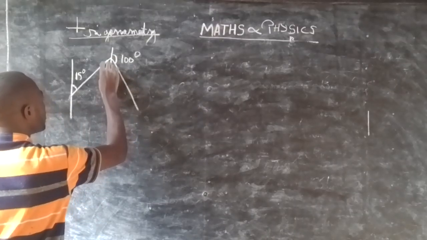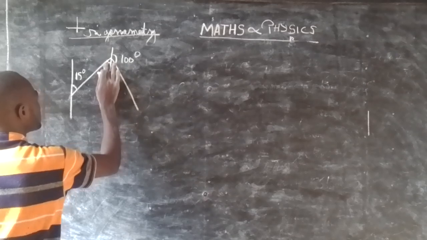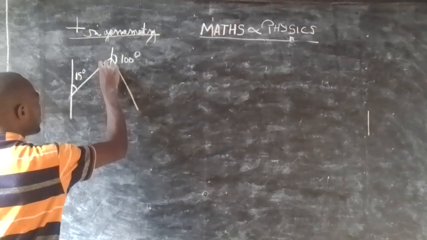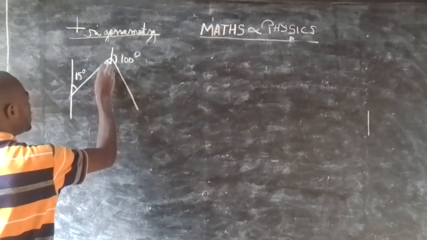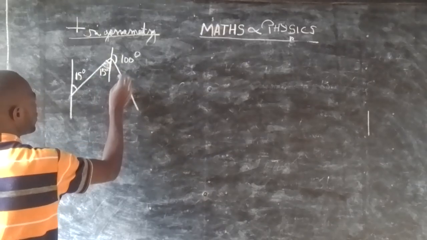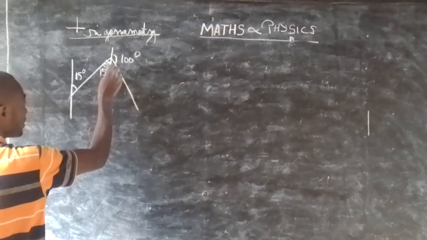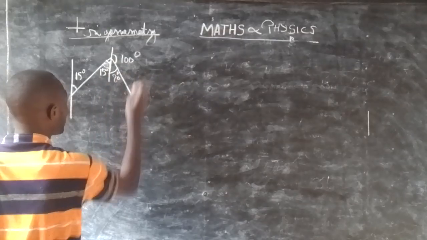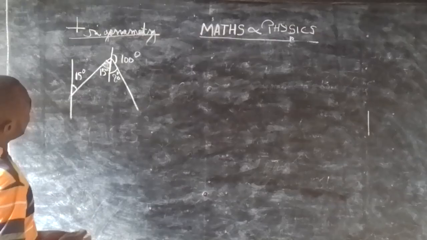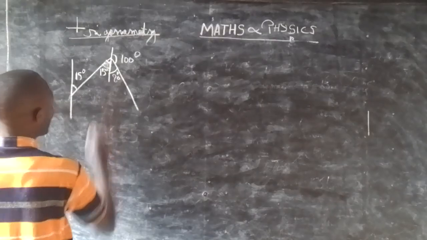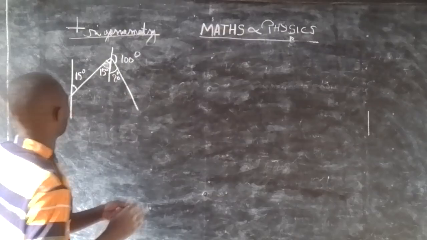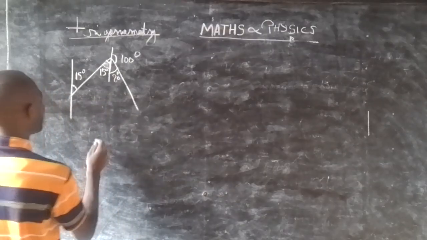Here we have also 15 degrees, and also here we have 80 degrees in order to have 180 degrees on the line.